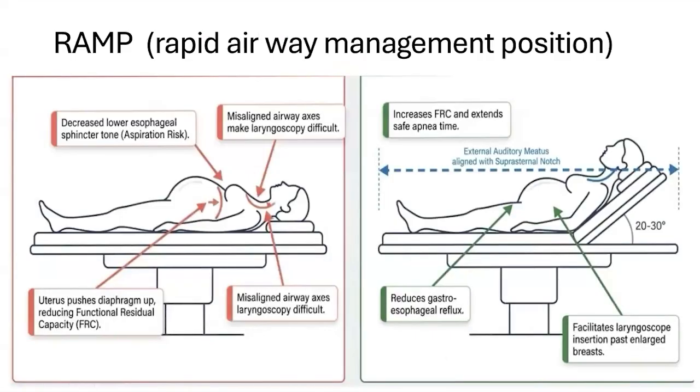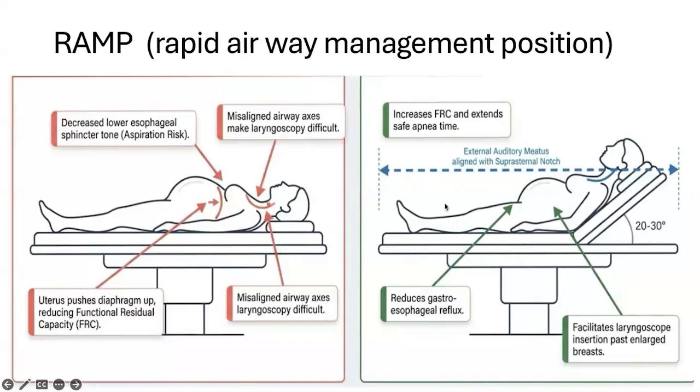Now let's look at these two diagrams. If the patient is lying flat, you can see that the diaphragm has splinted up, the airway alignment is not good, and also the lower esophageal sphincter tone is decreased and intragastric pressure is increased, so regurgitation is possible.